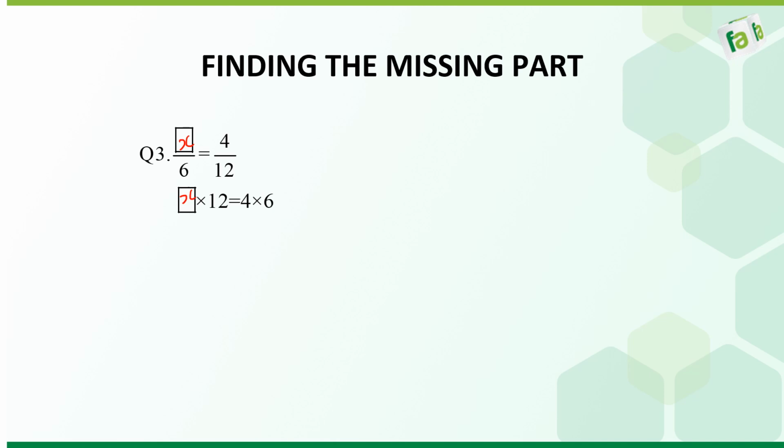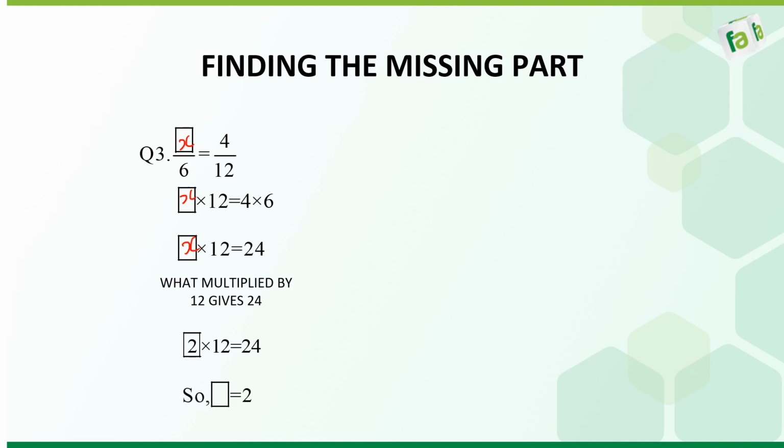By further solving it, x into 12 is equal to 24. Now, what multiplied by 12 gives 24? 2 into 12 is equal to 24. So, here x is equal to 2.